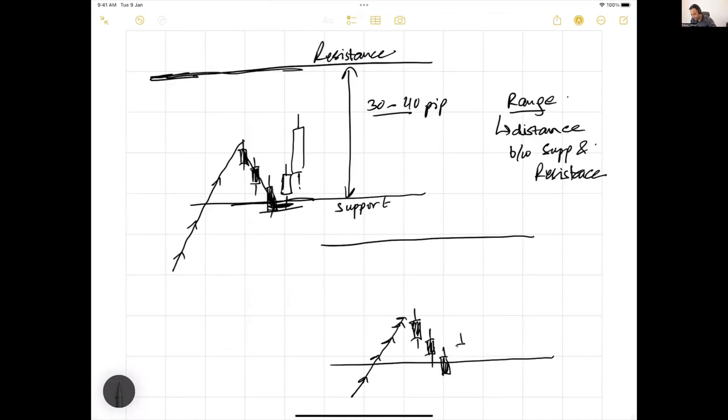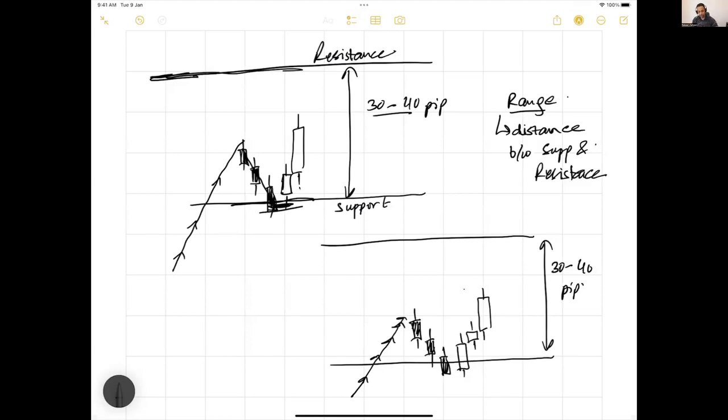Then you have a bullish candle forming, another bullish candle, and another, and this is a 30 to 40 pip range. Taking a buy in the middle of a range is probably going to be the top way to lose money.